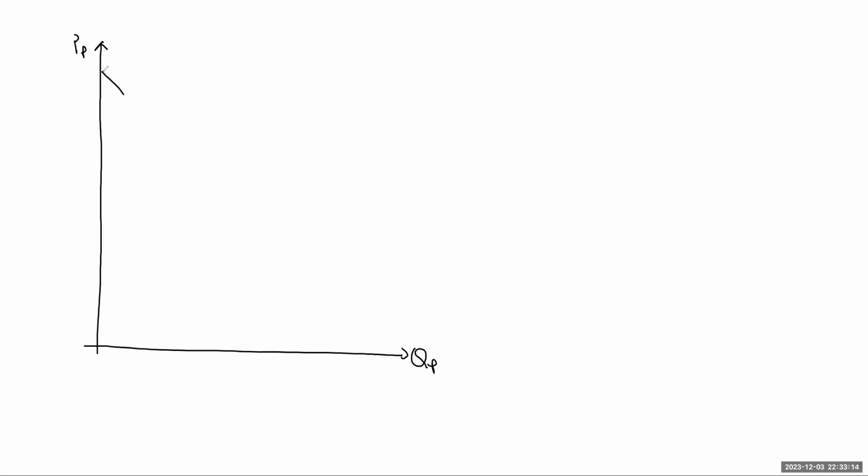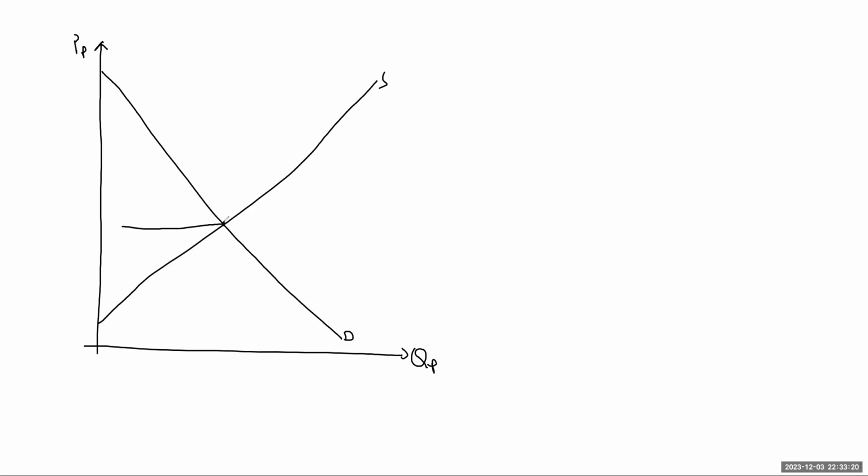So let me put the price of pizza. That's the unit price, quantity of pizza, and we have demand. We have supply. Okay.